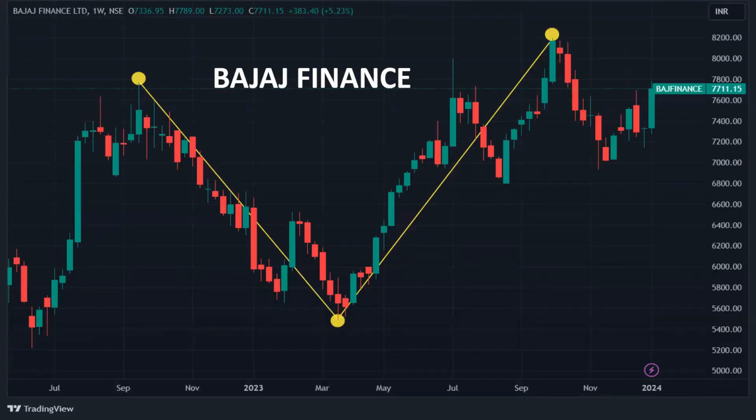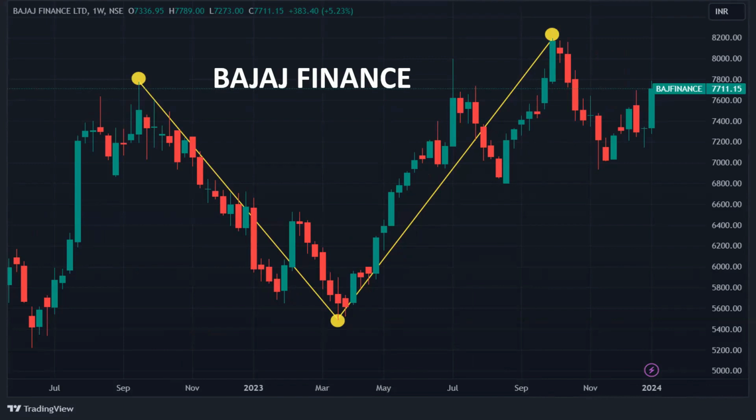What is the other company? Bajaj Finance. Similar reasons. Of course, reasons are different for each company. So many foreign brokerages downgraded this company, saying that it would go to 5,000 or 4,500 all the way.